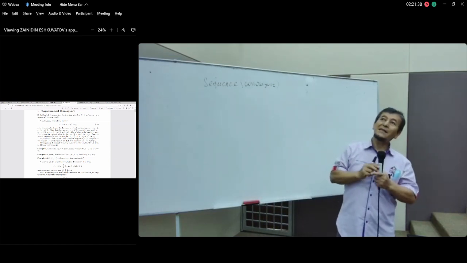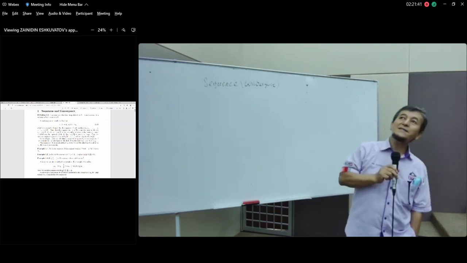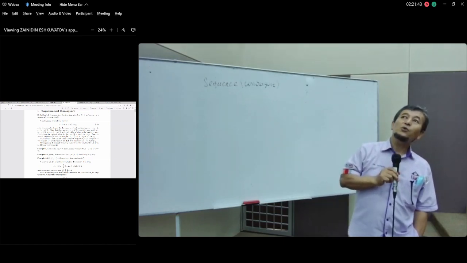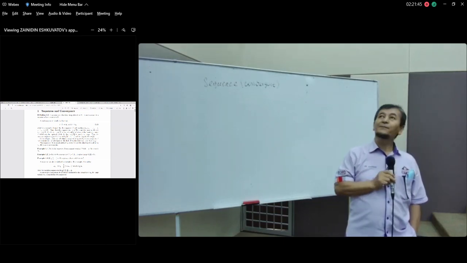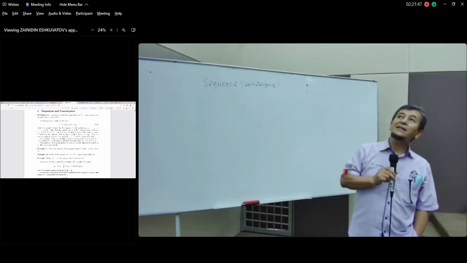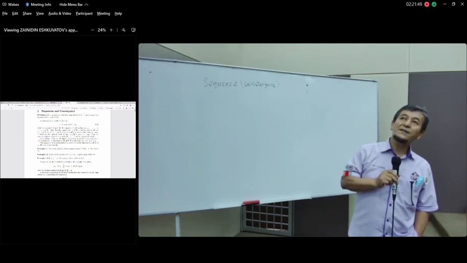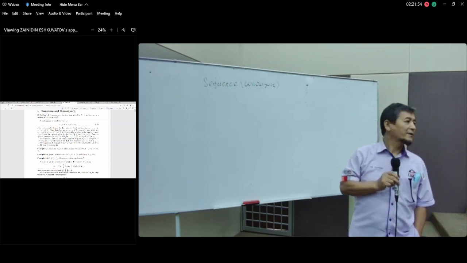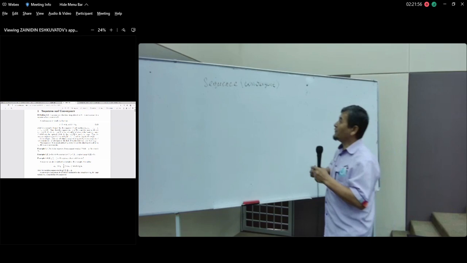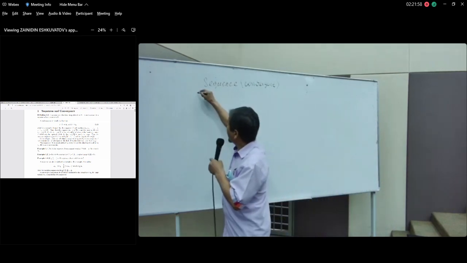So now please pay attention to Definition 1. A sequence is a function whose domain is N. A real sequence is a sequence whose range is in R. This definition is very interesting and very simple.